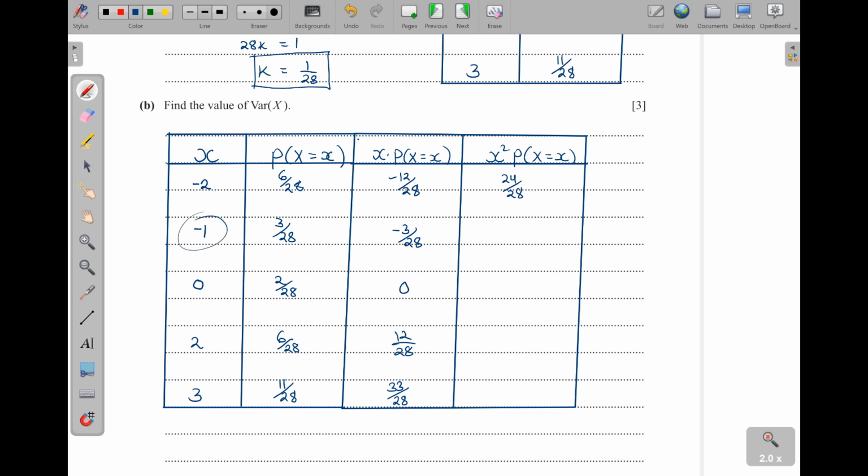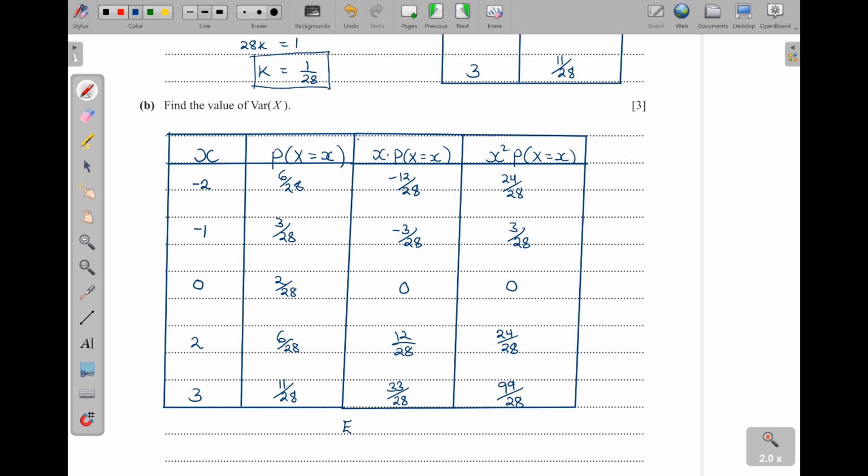Then square this one, it gives us a 1 times the probability, that gives us 3 over 28. Square the 0, it is a 0, then times the probability, that will be 0. Then 2 squared is 4, times 6, it also gives us 24 over 28. 3 squared gives us 9, times 11, that is 99 over 28.